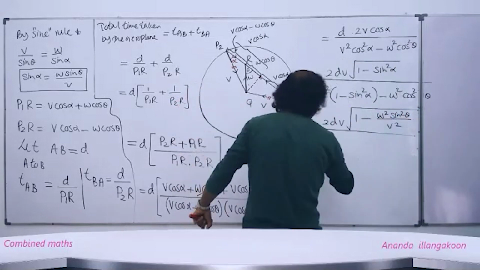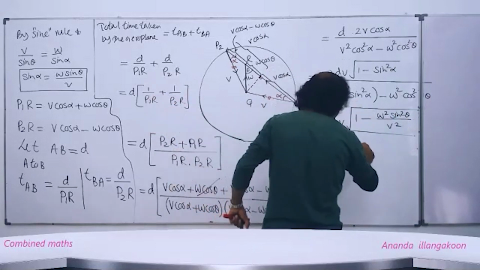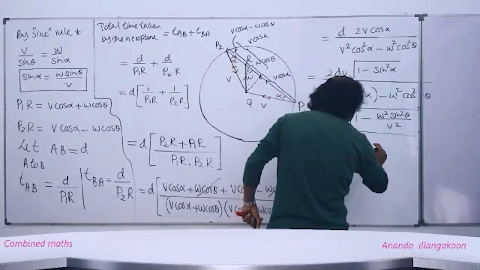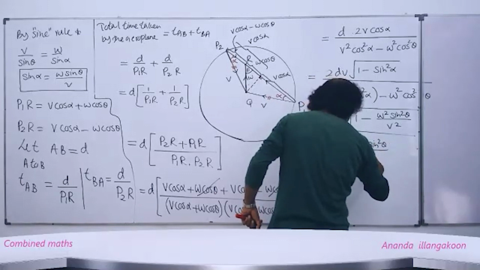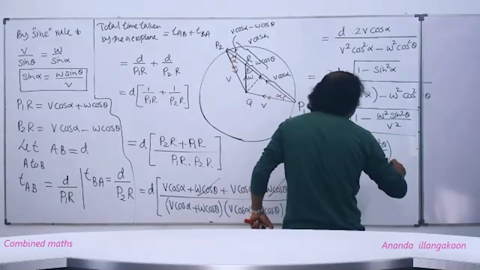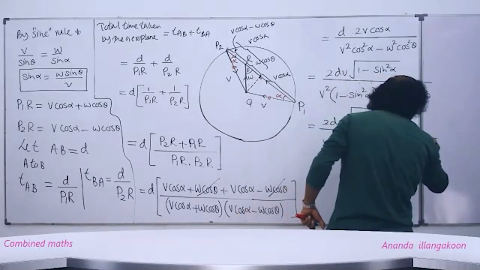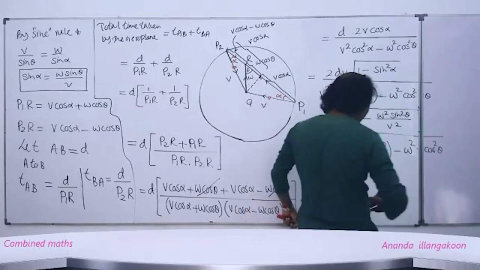And here also in the denominator, this sine squared alpha is now W squared sine squared theta divided by V squared, minus W squared cos squared theta.